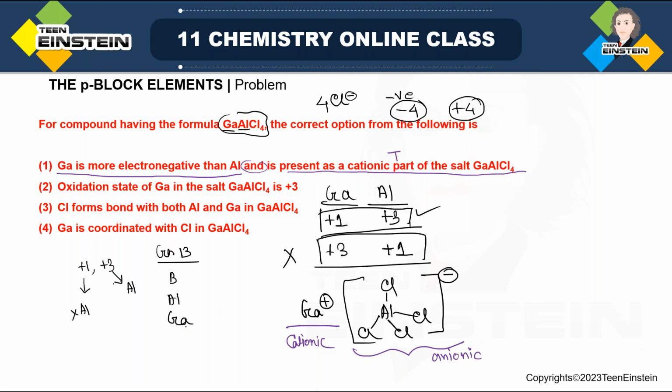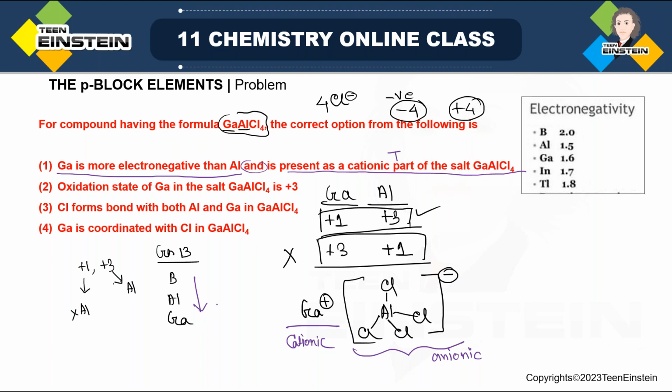See, is gallium more electronegative? We know that when we move down the group, electronegativity decreases. So at first glance, it seems that Ga is not more electronegative, right? But actually, if you look at the electronegativity values, which were discussed in one of the previous classes, there is some discrepancy.